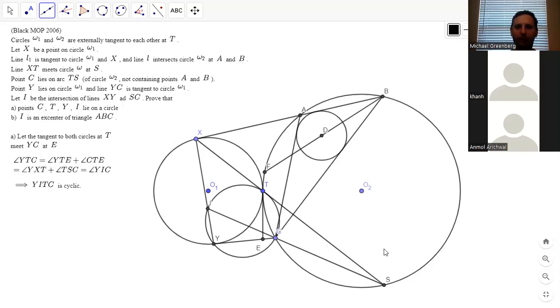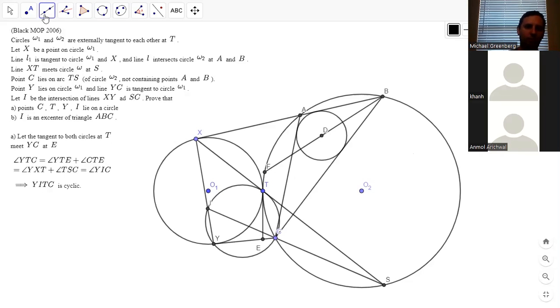Yeah, I want to define I in a different way. What if I let the angle bisector here meet AY at I prime, and then I show that that's cyclic, and then try to show that somehow it's the X center?